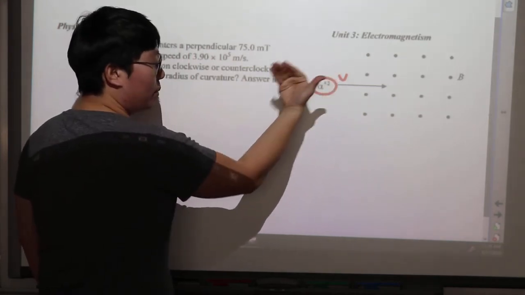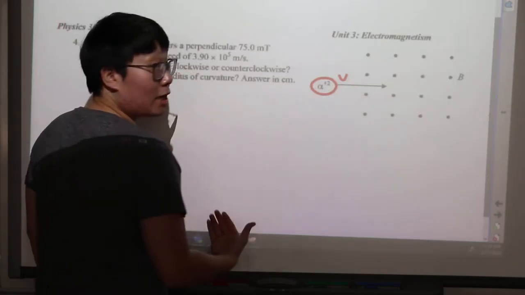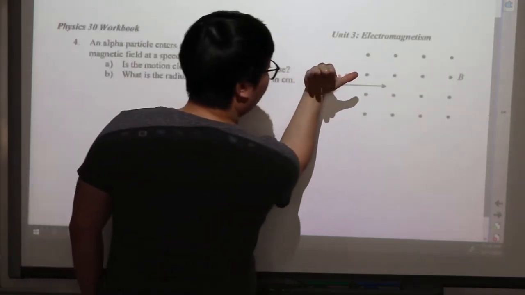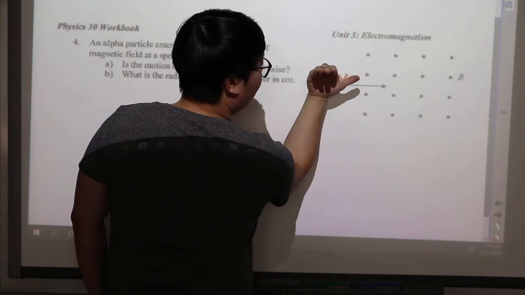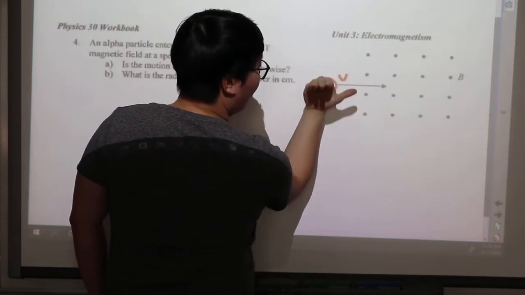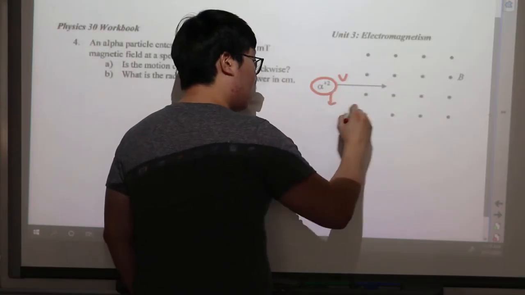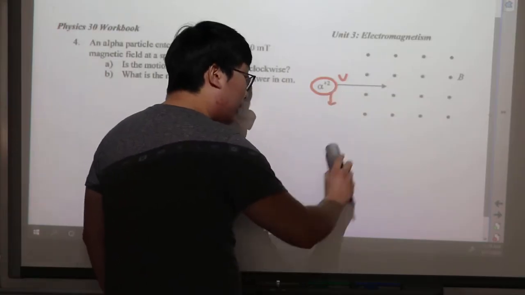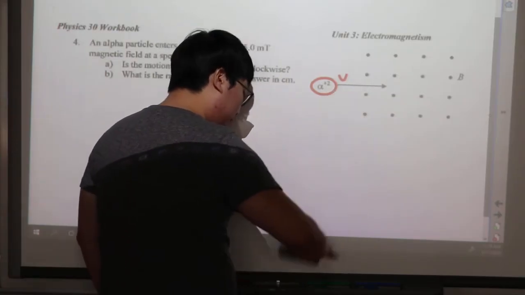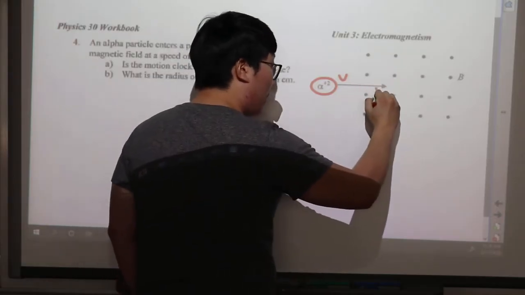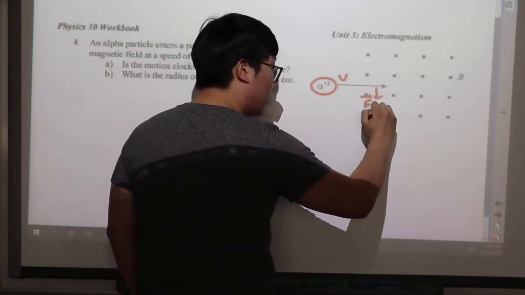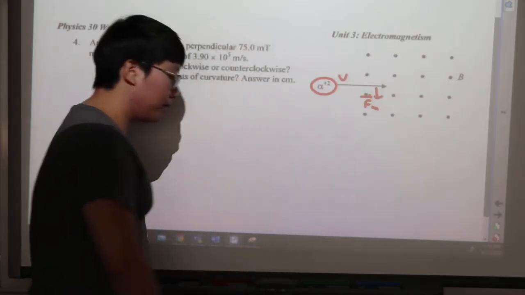Basically, is it going into the page or out of the page? Right now it's out of the page. If I place my thumb and forefinger like that, my palm direction, my force direction, is going down the page.